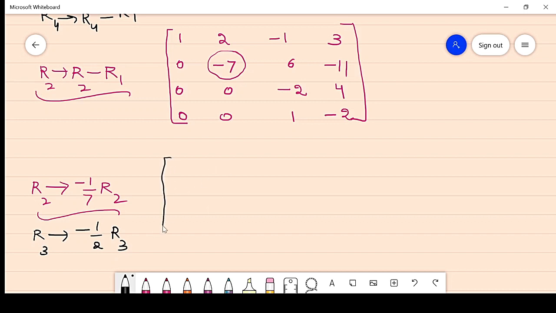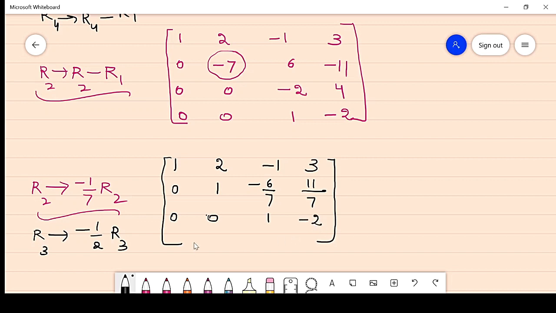So what we get: 1, 2, minus 1, 3; 0, 1, minus 6 by 7 and 11 by 7; and this term is 0, 0, 1 and minus 2; and here 0, 0, 1 and minus 2. So we get these values.